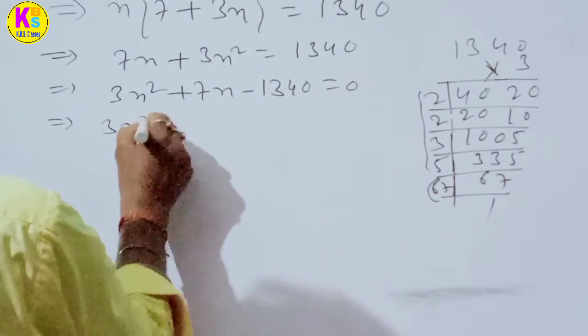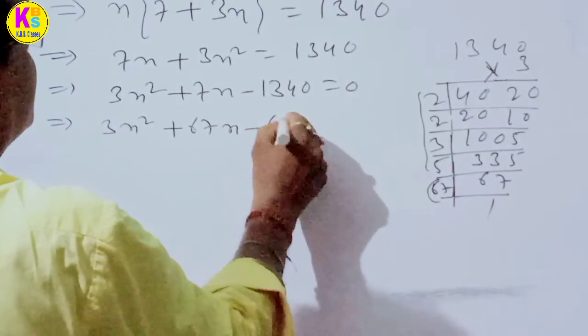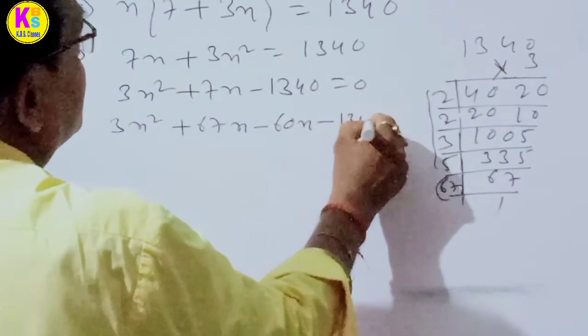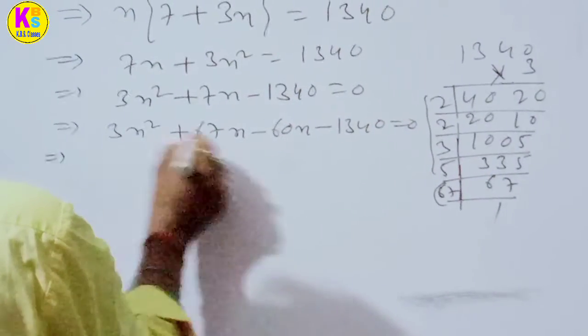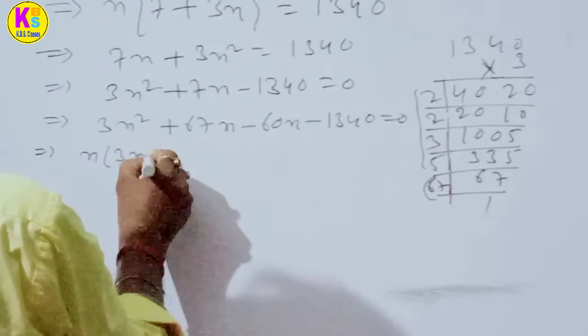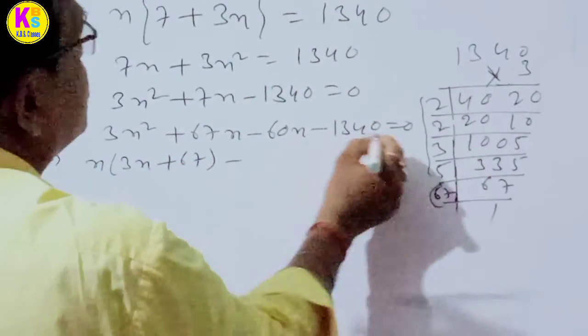number 3n square plus 67n minus 60n minus 1340 is equal to 0. Take the common, only n is common, so n into 3n plus 67. Take here common. What is common here?